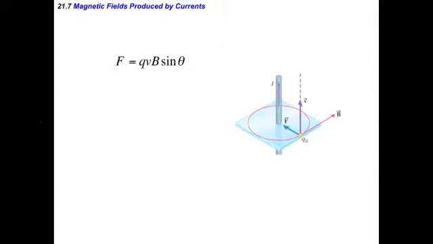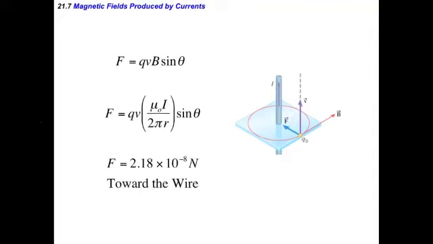First things first, because I'm looking for the force on a moving charged particle, I'm going to use qvB sine of theta. But instead of being given B, I have to solve for it. I take the magnetic field equation we just received, mu sub naught I divided by 2 pi r, and substitute it in. With the speed, I will get a force of 2.18 times 10 to the negative 8 newtons.